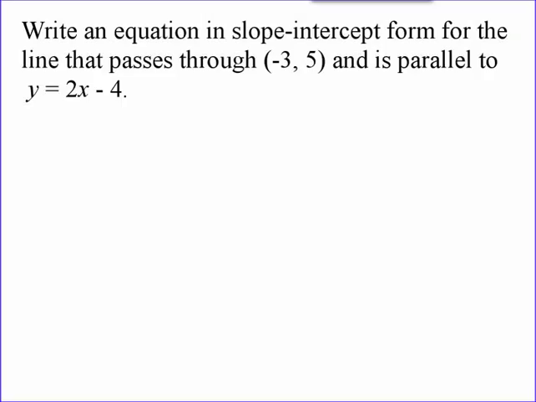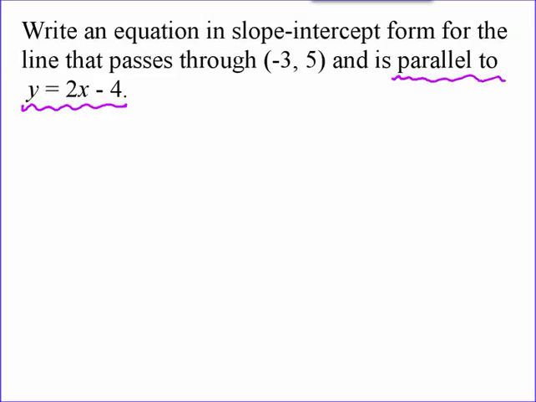Write an equation in slope-intercept form for the line that passes through (-3, 5) and is parallel to y equals 2x minus 4. So first of all, let's look at what it says. Parallel to y equals 2x minus 4.